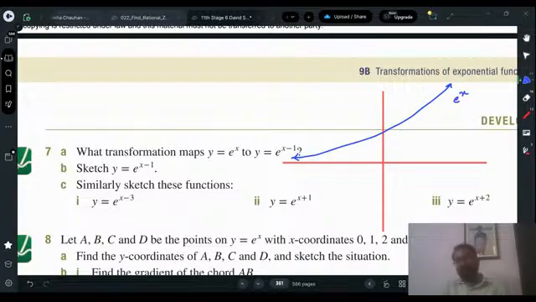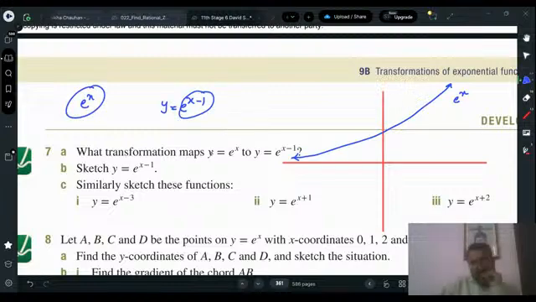On the x-axis, what is the graph? One is e power x and one is e power x minus 1. f of x minus 1 moves to the right.